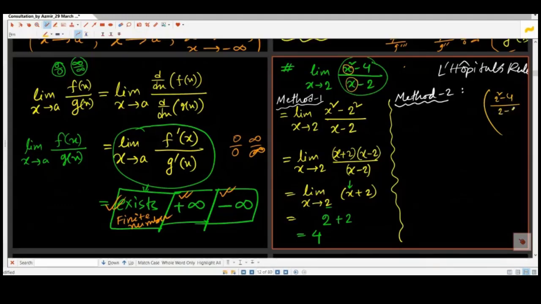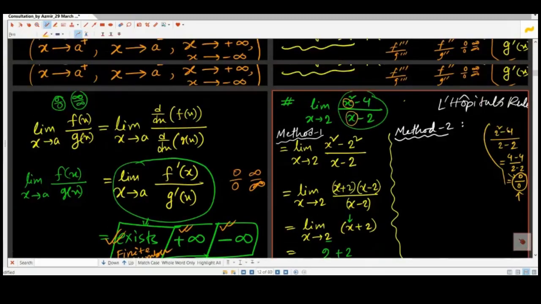That is 4 minus 4 over 2 minus 2. We are getting 0 over 0. That means the limit is of the indeterminate form of type 0 over 0.